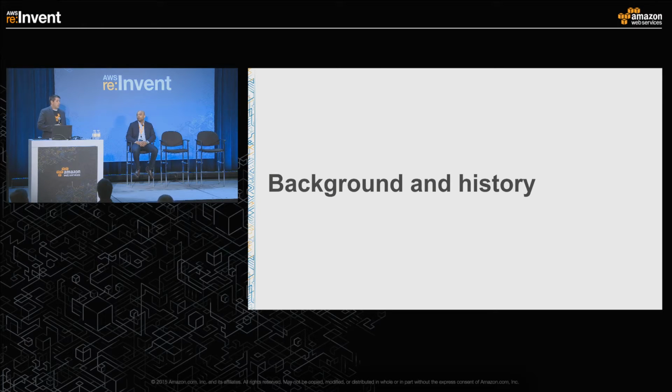Therefore, they needed a region that could be run both physically and logically by U.S. persons. So U.S. persons being U.S. citizens or green card holders or companies incorporated in the United States. Shortly thereafter, we internally committed to creating that region. And just over 4 years ago, in August, we launched AWS GovCloud.